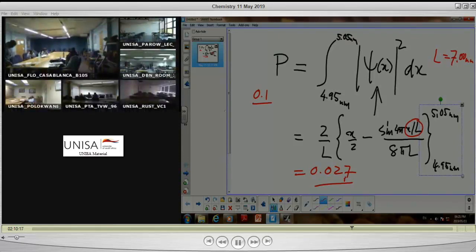So, question 6. Yes, let's do question 6E. Now, question 6E has got to do with the fact that we must work with a normalized wave function.